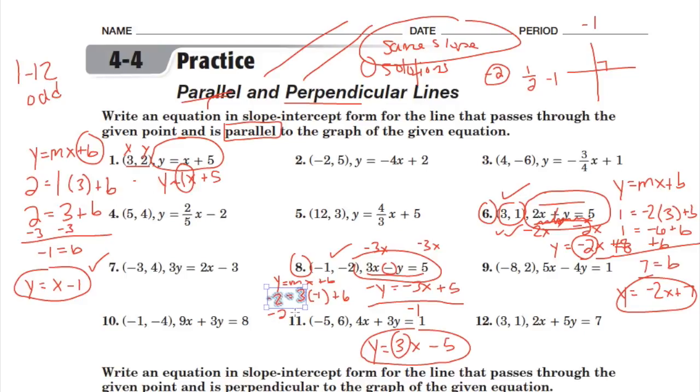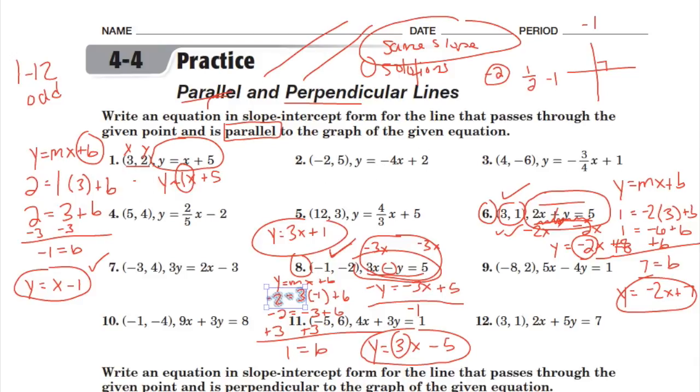So we get -2 equals -3 plus b. When you add 3 to both sides, we get 1 equals b. So the final equation for the line that's parallel to this one and passes through that point is y equals 3x plus 1.